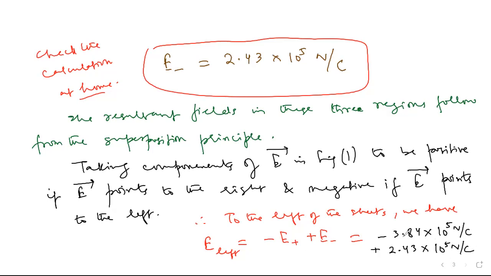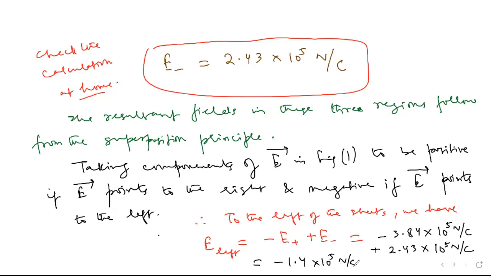So you can see negative term is bigger, therefore the result will be negative. It will be minus 1.4 into 10 raised power 5 Newton per Coulomb, right?